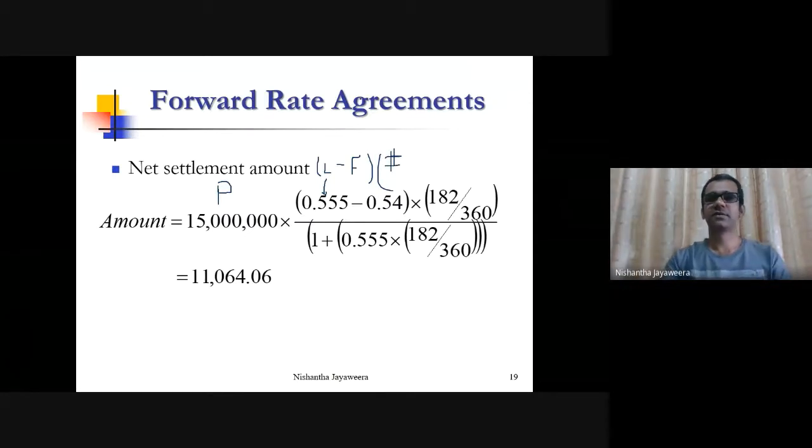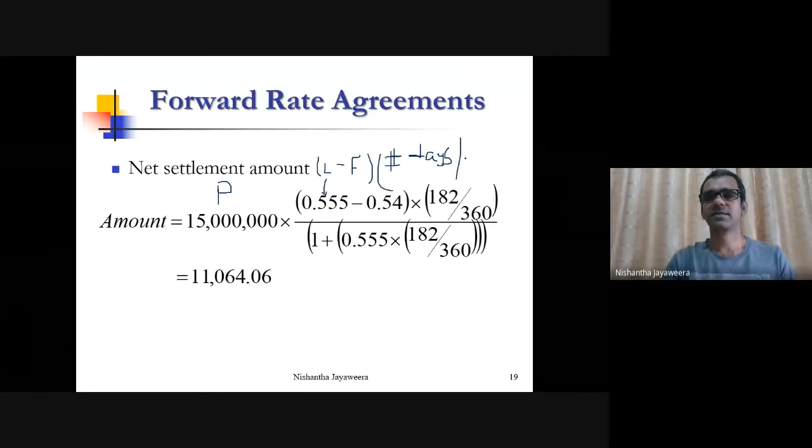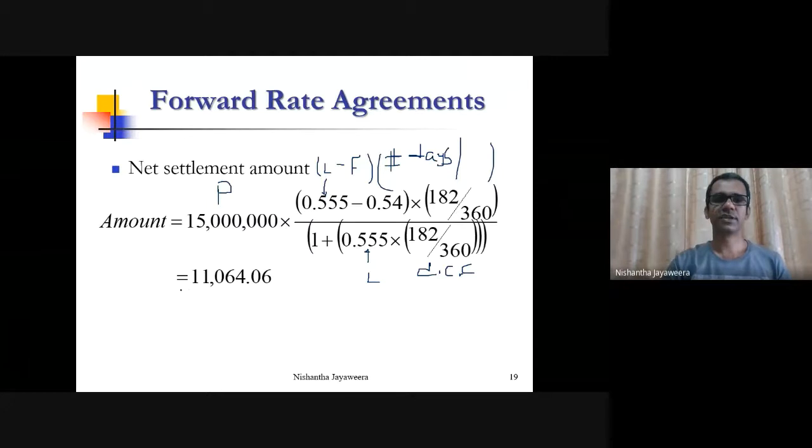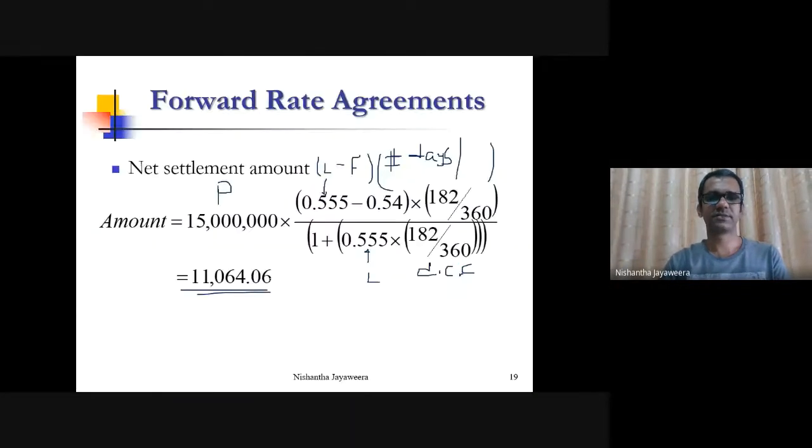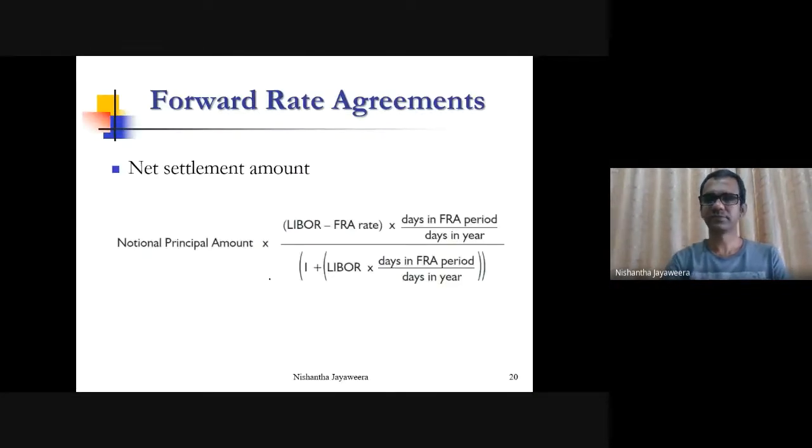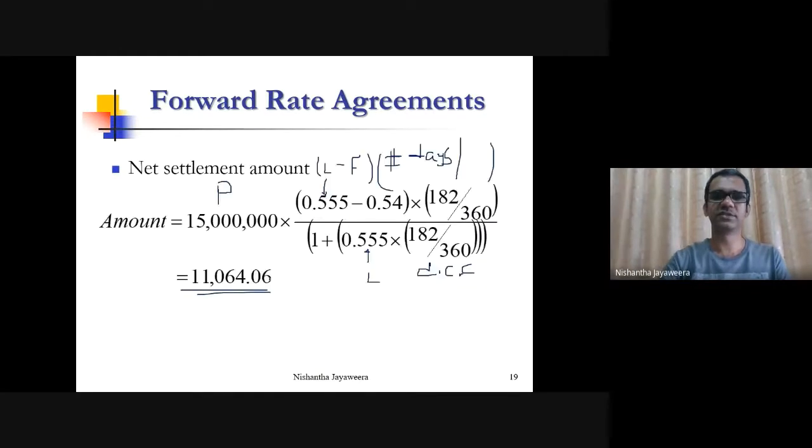Number of days divided by, or you can put it as day count convention here. Again, this is LIBOR and day count convention. So 11,064. This is the equation. You can use this.